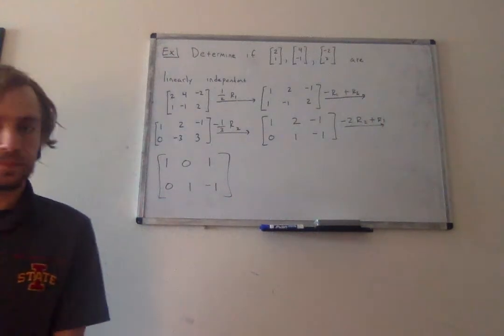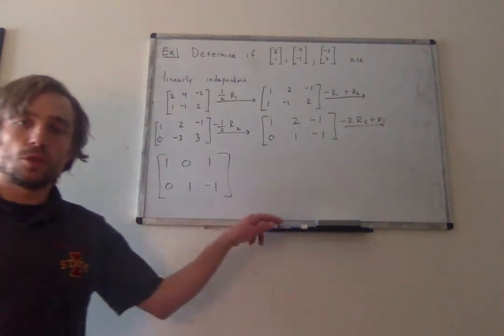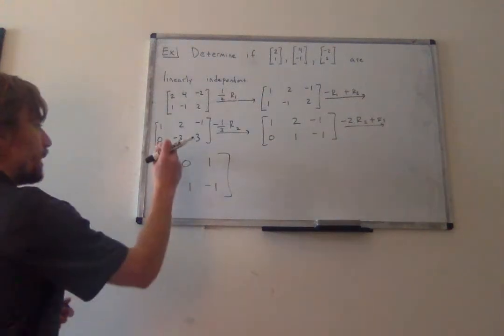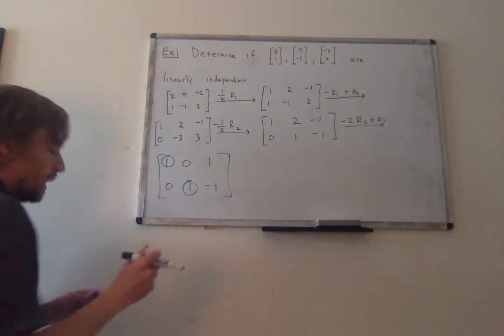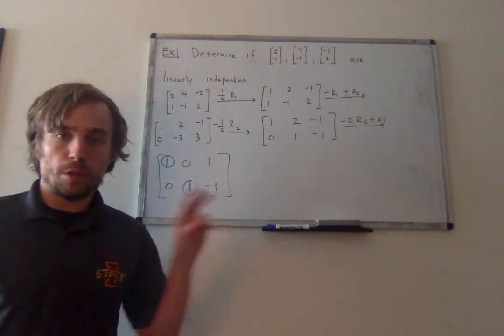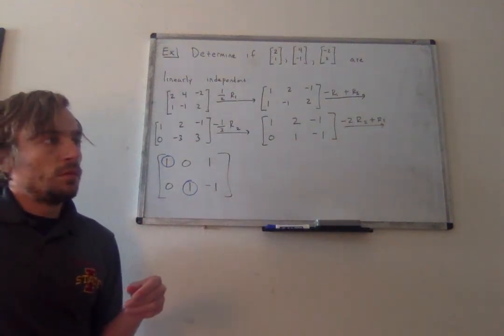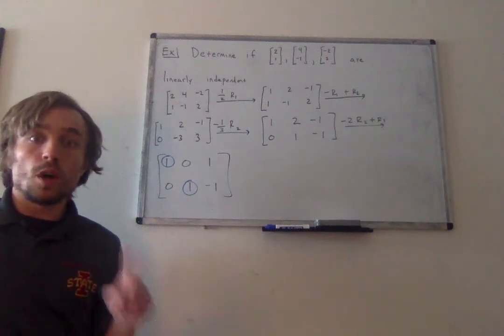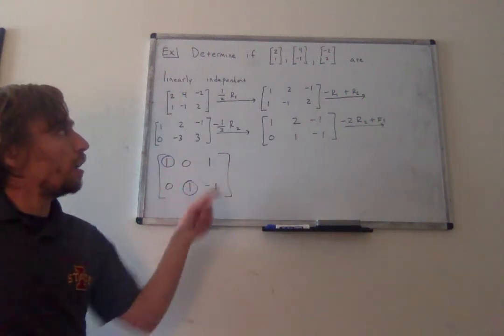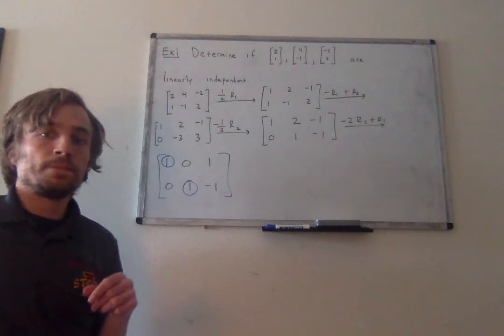Given that this is the row reduced echelon matrix, we have 2 leading ones, meaning we have 2 pivot variables, or 2 non-free variables, but we do have 1 free variable, because remember we have 3 columns, 3 vectors, 3 variables.